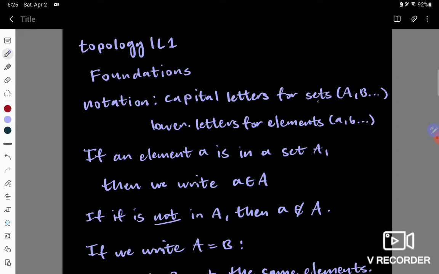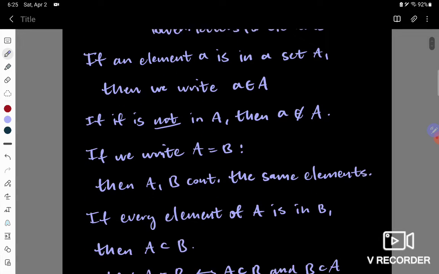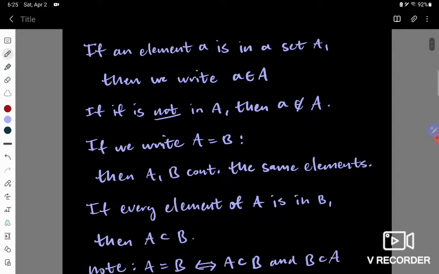So we can think of sets, and you might have heard of this before. A set is more or less defined by its elements. A set is something that has elements, and it is defined uniquely by them. We'll use capital letters for sets, and we'll use lowercase letters for elements of these sets. And a word on notation: if an element lowercase a is in the set uppercase A, we write membership like this.